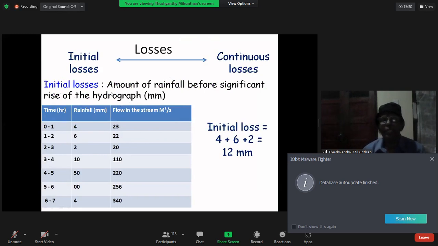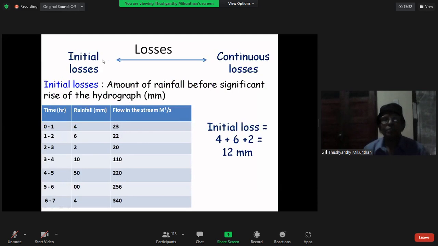First one, initial loss. As I said earlier, there are 2 types of losses: initial loss, then continuous loss. The definition of initial loss: the amount of rainfall before significant rise of the hydrograph. Do you know the hydrograph?